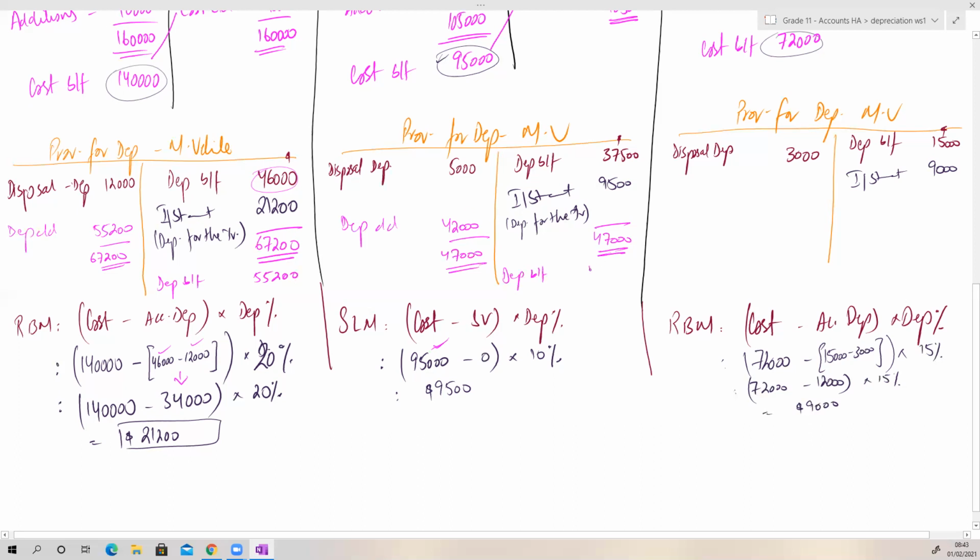Depreciation brought forward is 42. ठीक है जी. This is 24. 24 minus 3. Depreciation carried down 21. Depreciation brought forward 21,000.